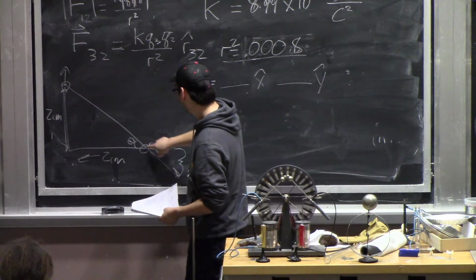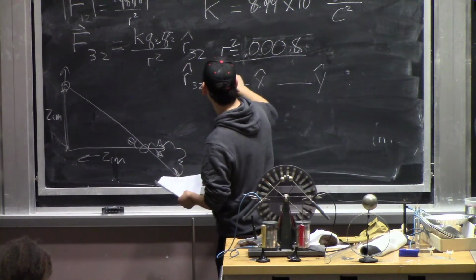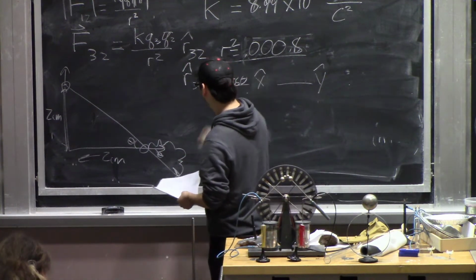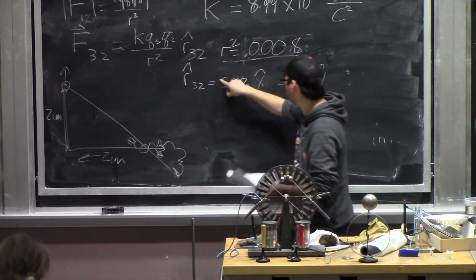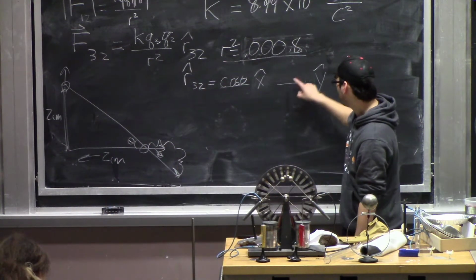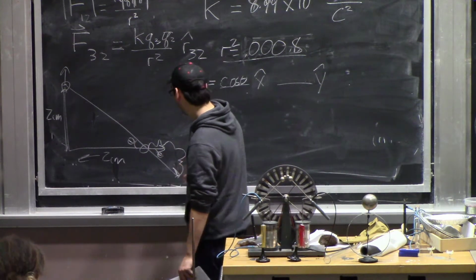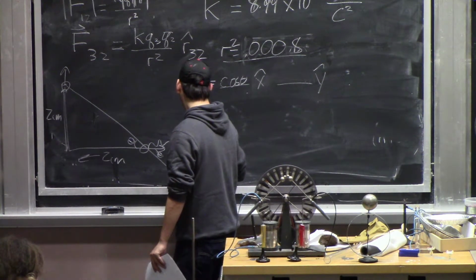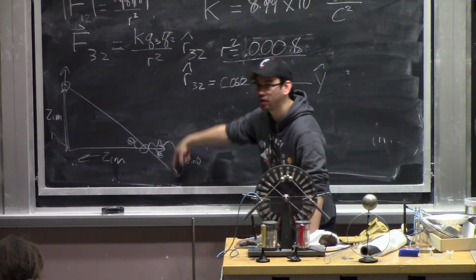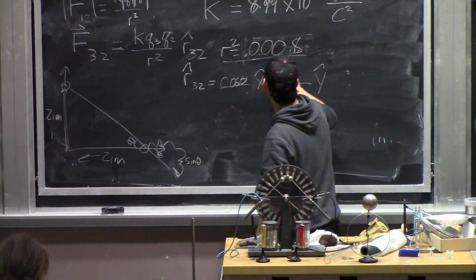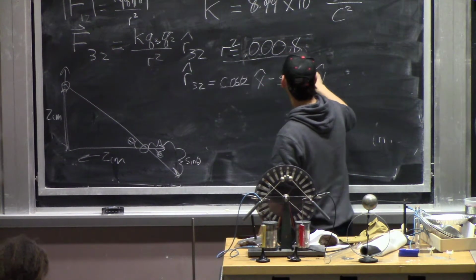So this is the adjacent side to this angle. This makes this a cosine of theta, and it's in the positive x direction, so this stays positive here. Now, this part is the opposite of this angle, so that makes this a sine. And additionally, this is pointing down, which makes this a minus sine of theta. Okay?